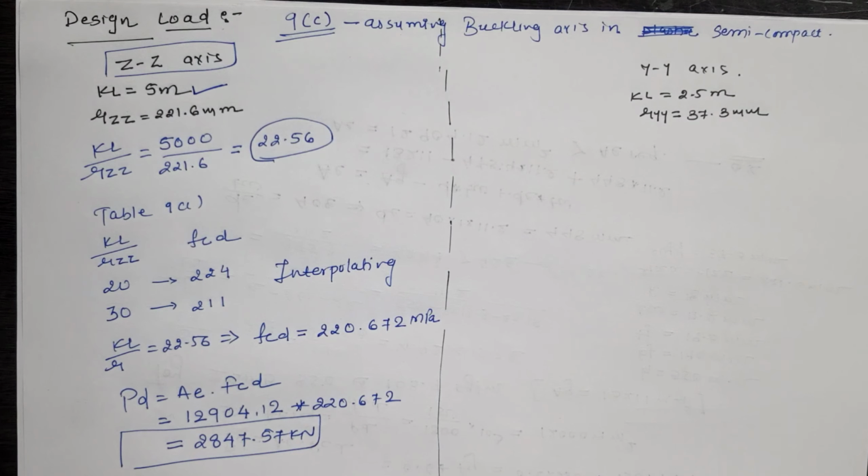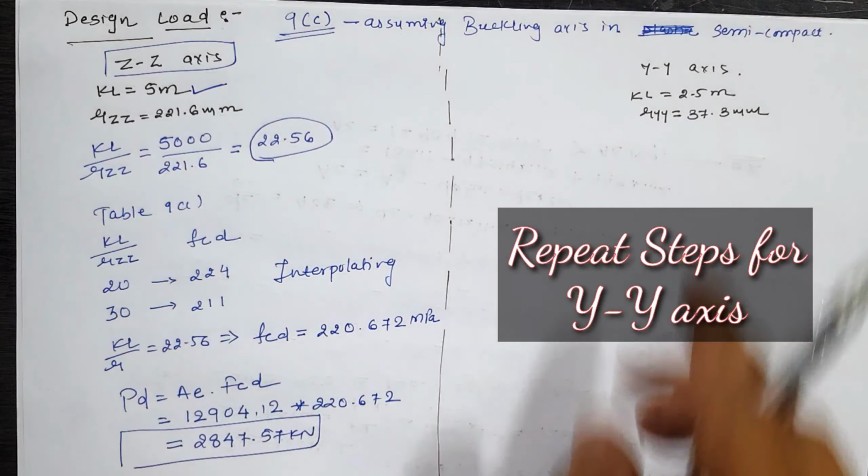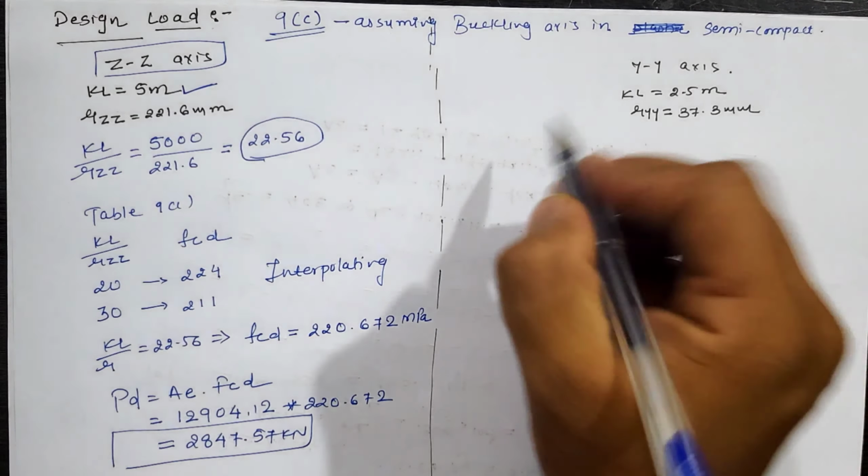It means that for the given section, ISMB 550, with 5 meter effective length and radius of gyration along the ZZ axis of 221.6 mm, the design capacity is 2847.57 kilonewton. Now let us calculate with respect to the YY axis.